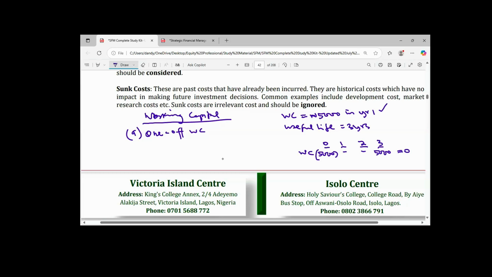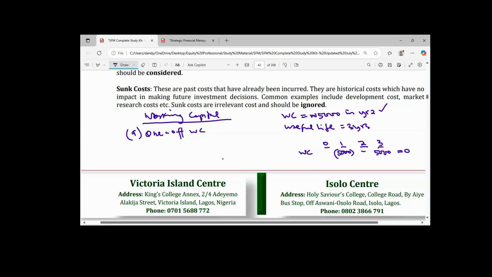Say, for example, the cash flow of 5,000 will occur at the end of year 2. I will not indicate it in year 2. The year before year 2 is year 1. So I will come to year 1 and indicate 5,000. Then at the end of the useful life, which is year 3, I will recover the 5,000.